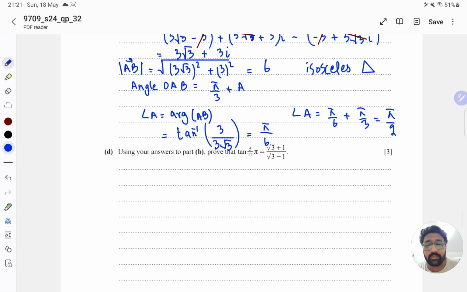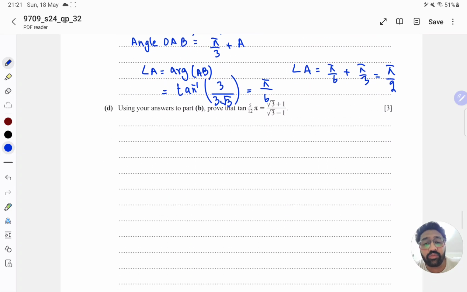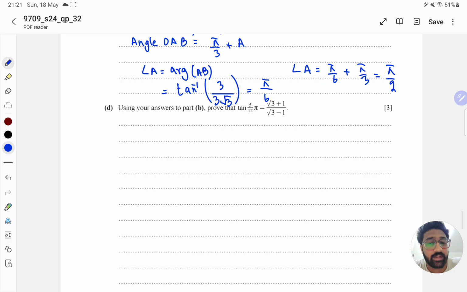The next part, part D, says, using your answer to part B, prove that tan 5 pi by 12 is equal to square root of 3 plus 1 over square root of 3 minus 1. So we'll do it by trial and error.